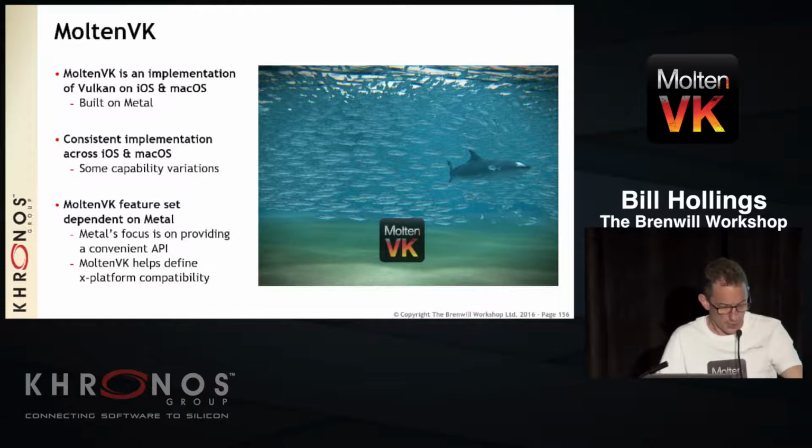Regarding features, that's the other aspect of matching APIs together. It's important to recognize that Apple is forging its own path with Metal. They've made a very strong commitment to it. They focused primarily with an effort to creating a user-friendly API that fits into a much larger ecosystem that they develop.